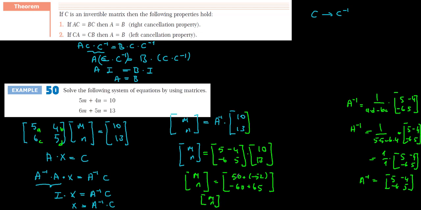So 50 minus 52 is equal to minus 2, and minus 60 plus 65 is equal to 5, which means m is equal to minus 2 and n is equal to 5.